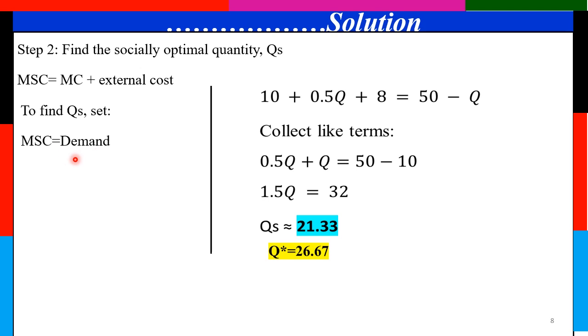Here we have the marginal social cost and the demand, which means the marginal revenue, or in other words, the marginal social benefit. When this is the marginal cost, 10 plus 0.5 Q, the marginal cost plus the external cost of 8 is the marginal social cost.